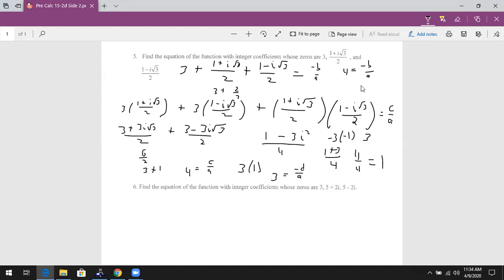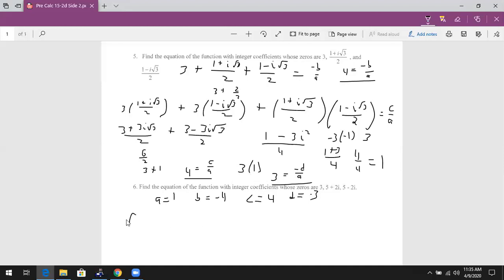So looking at all three of these, that one there, this one that I just did, and this one here, without a denominator, a is 1. A negative b is a positive 4, so b is negative 4, c is 4, and a negative d is a positive 3, so d is negative 3.